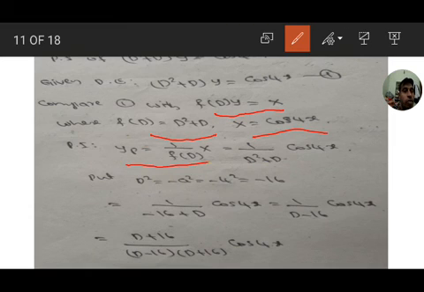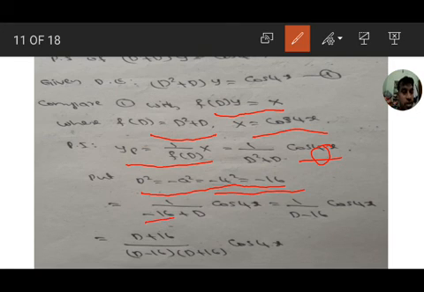So yp equal to 1 by f of D capital X, that is 1 by D square plus D cos 4x. Substituting D square equal to minus a square, here a equal to 4, so minus 4 square, that is minus 16. If you substitute, the D square place is minus 16 and D is as it is. So 1 by D minus 16 cos 4x.